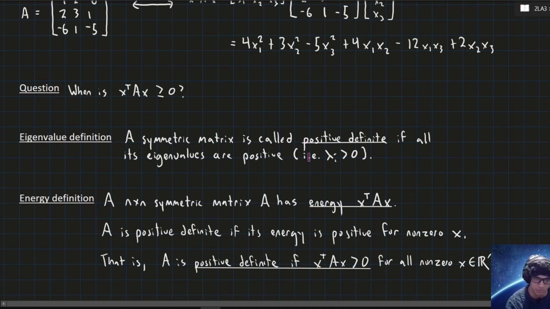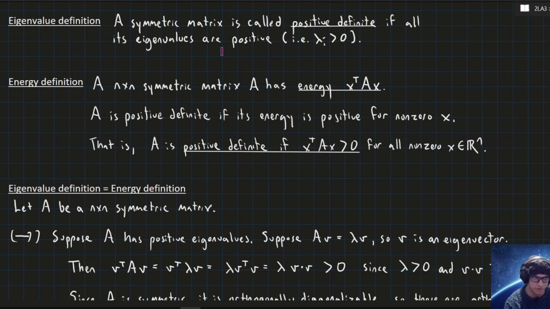So what we have to do is prove that these two definitions are actually the same thing: that the energy will be positive, with the exception of 0, exactly when the eigenvalues of A are positive. So that's what we have to prove now.